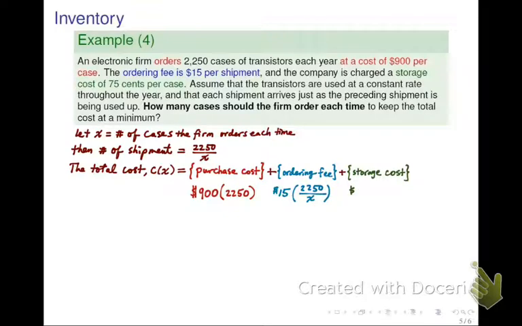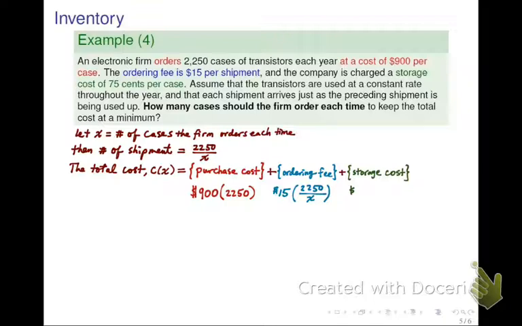For the storage cost, what we need to do is figure out the number of cases that are actually in storage at any given time in the entire year, and multiply that number by $0.75. So for now, we're going to assume that the number of cases on average in the entire year is x over 2.